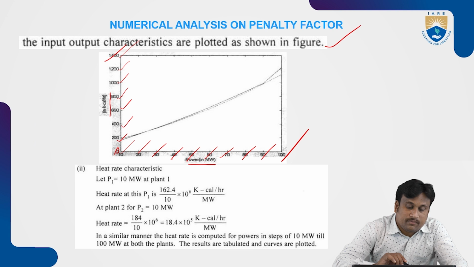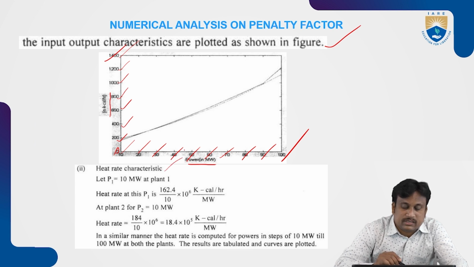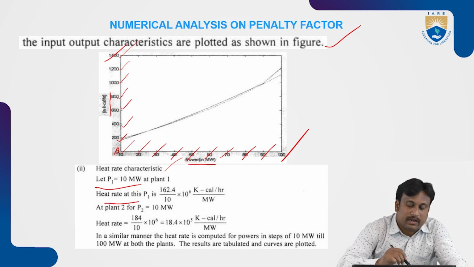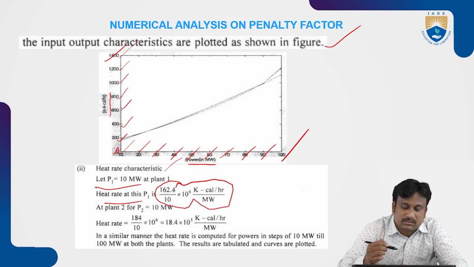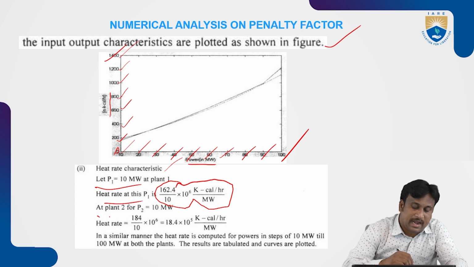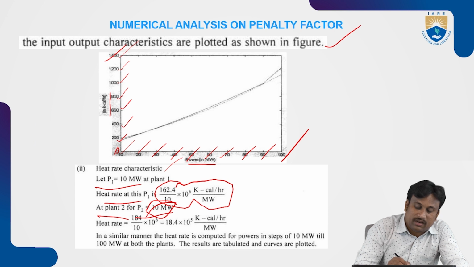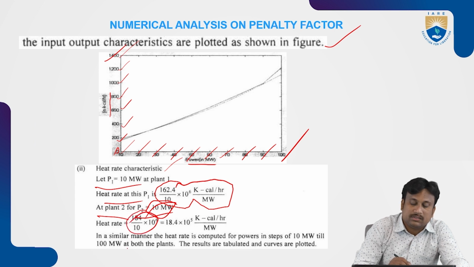Now calculating the heat rate characteristics, we already saw that P1 is 10 megawatts at plant 1. So the heat rate at this P1 is 162.4 by 10 into 10 power 6 kilocalories per hour by megawatts. At plant 2, for P2 of 10 megawatts, the heat rate is 184 by 10 into 10 power 6, which becomes 18.4 into 10 power 5.